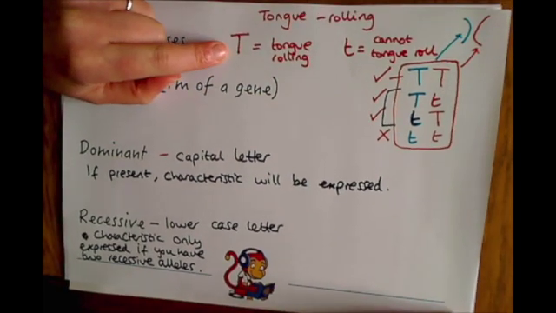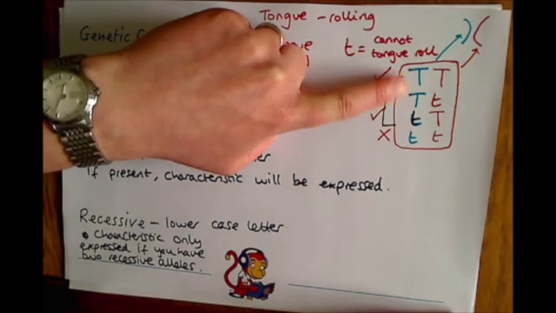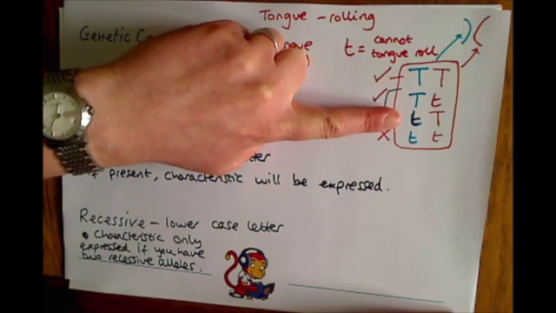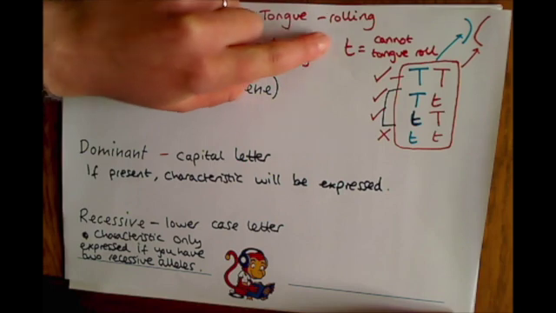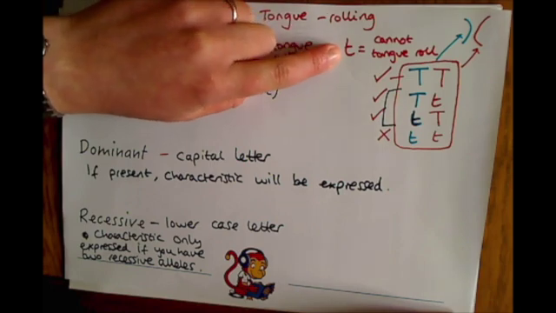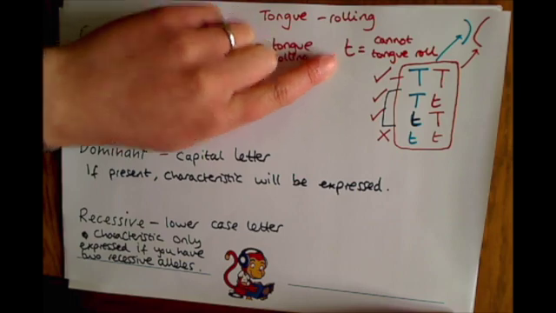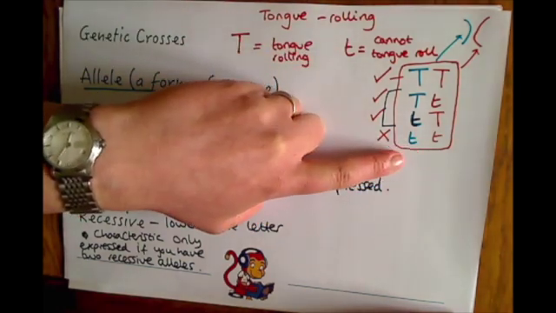The capital T is always used to depict the dominant allele, and if the capital T is present, because it's dominant, that characteristic will always be expressed, even if there is that recessive one in there as well. If you've got the recessive allele to not be able to tongue roll, that will only be expressed if you've got two recessive alleles.